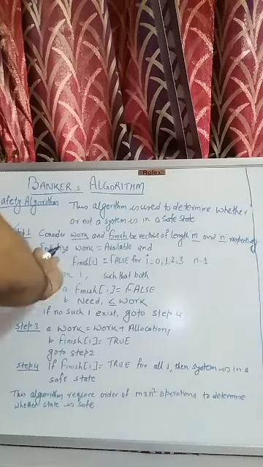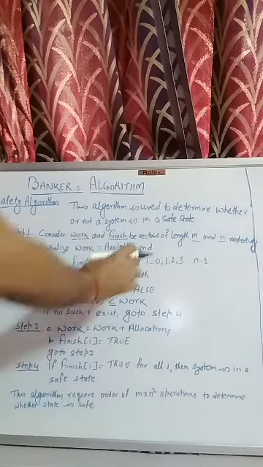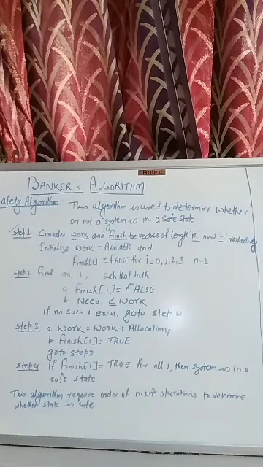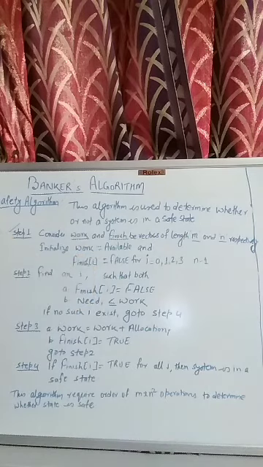Now, we initialize work equals available, means whatever the state of the available is initialized to the work vector, and finish of I is initialized to false for all I equals 0 to n minus 1. This is step number 1.